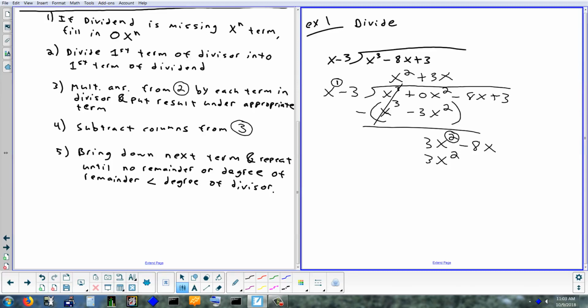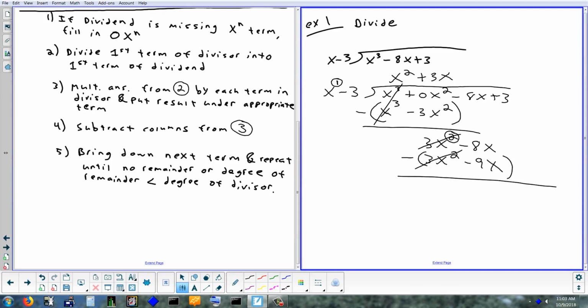And Kathleen, what's 3x times negative 3? Yep, and again, just keeping it in that column. And Robin, what am I going to do with those columns now? You're going to subtract them. Yep, I subtract them. So the 3x squared would disappear. Yep, 3x squared minus 3x squared, that's gone.